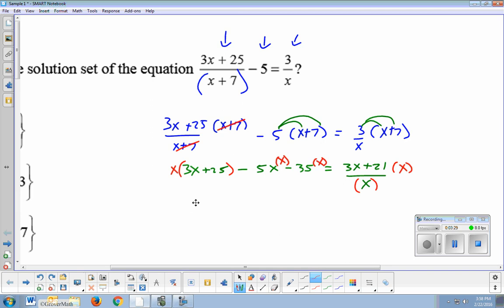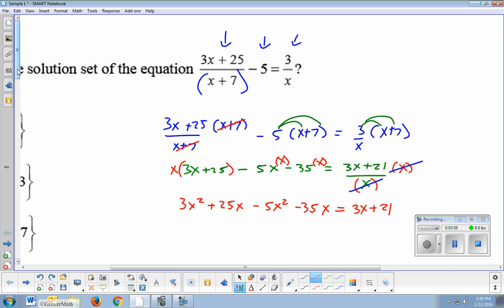And so that's going to give me 3x squared plus 25x minus 5x squared minus 35x. And then remember this one over here, because this is the one that has the x that I'm trying to get rid of, that's just going to cancel out, and that one doesn't require any distribution. So this is 3x plus 21.